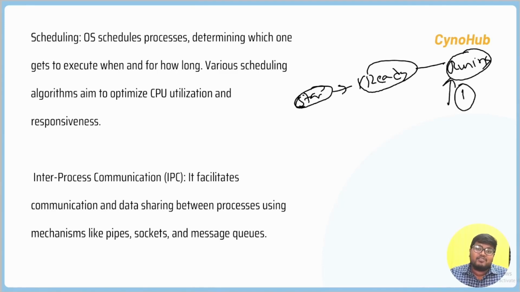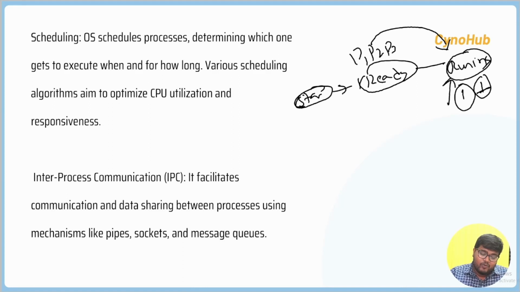Suppose there are multiple programs, P1, P2, P3, all the programs are there, and now only one program is running. If this program is completed, then which program do you pick up to run next? That is the main case of scheduling. Which process has to be scheduled first, which process is completed, and after completion of the process, you have to terminate. All these come under scheduling.